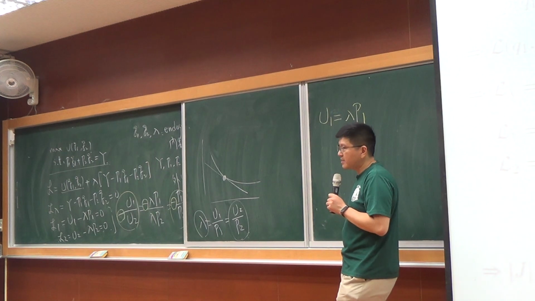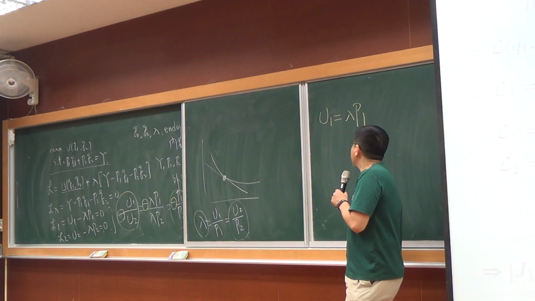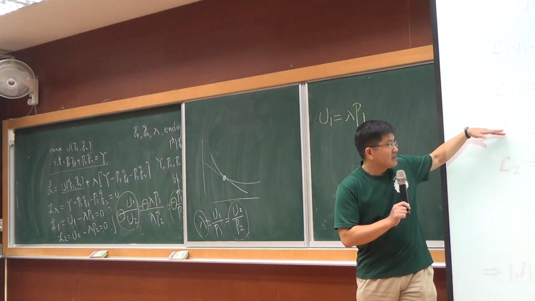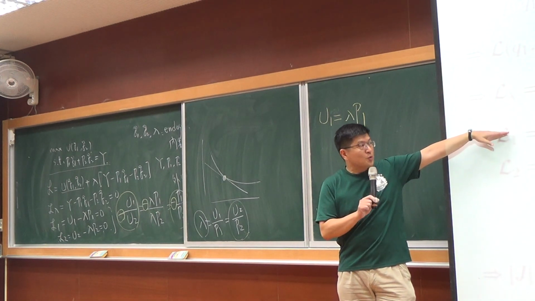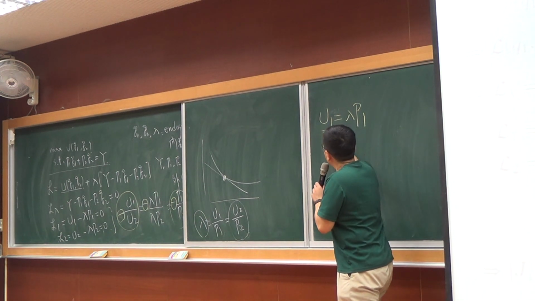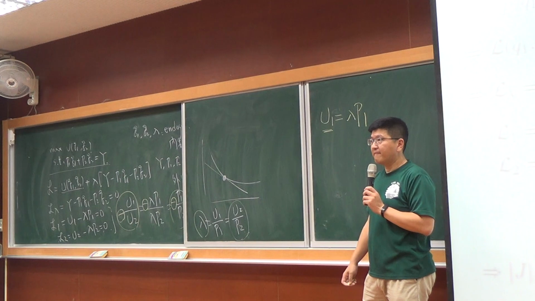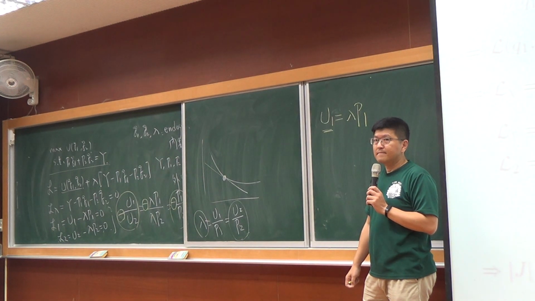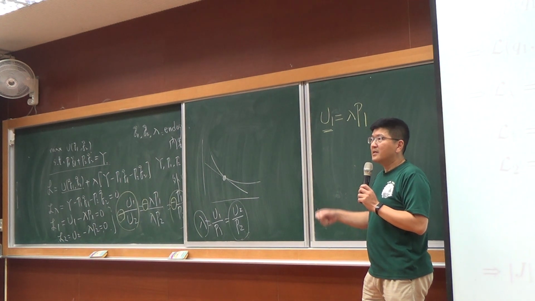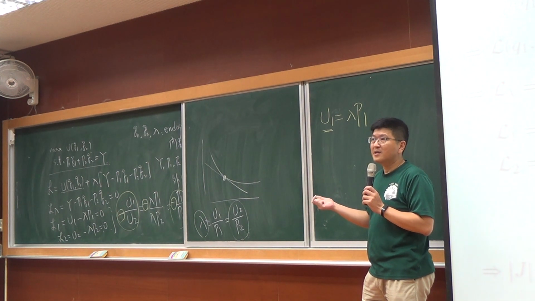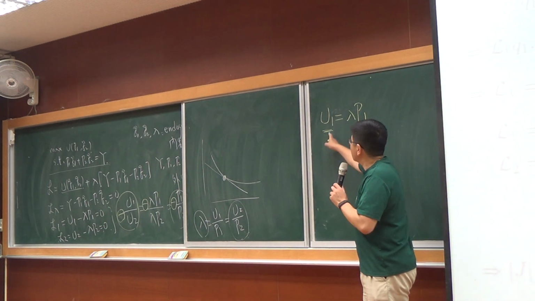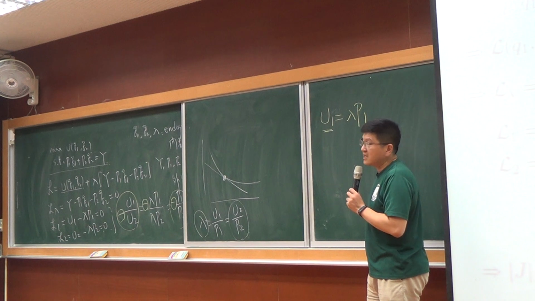And right before the break, I'll tell you something about this first order condition: U1 equals lambda P1. What do you think U1 is? It's a marginal utility, right? It's the marginal utility of good 1. So how may we define U1?